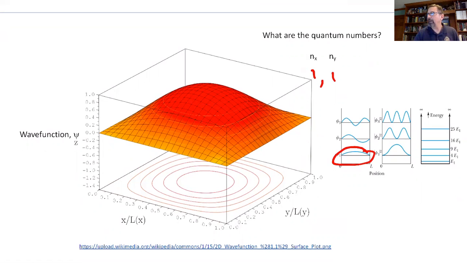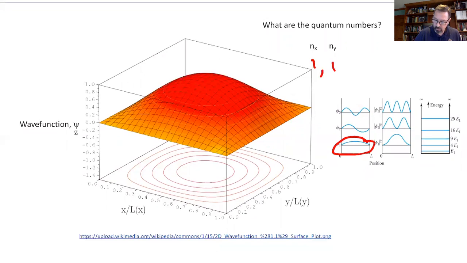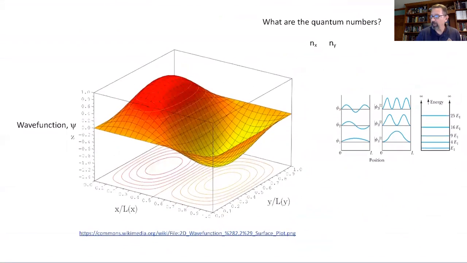Things like that. And so I do have a poll set up here, so let me get to it. Here's my next picture. What are the quantum numbers for this state right here? Look at which direction is the x. And I've given you the clue here, hopefully: take a look at the one-dimensional case and just separate it out.